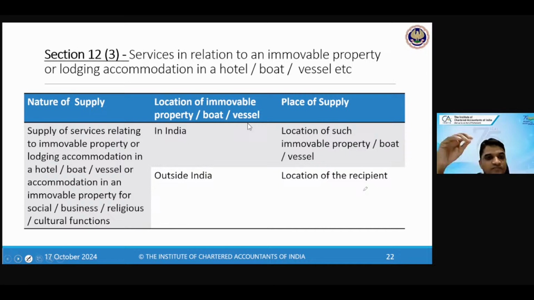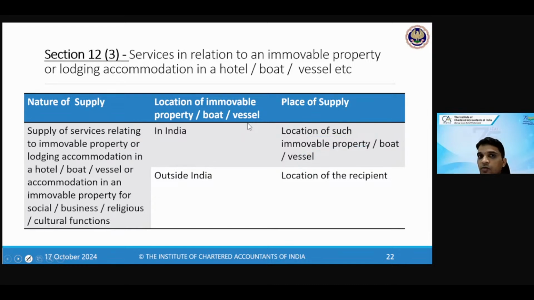So what is it saying? If you have a construction of a house to be done, or any kind of construction of a civil structure or building, or you are developing some machinery which will become immovable. If there is some supply of service relating to that immovable property, and that immovable property, your house you're constructing, is in India, then the place of supply will be the location of such immovable property.